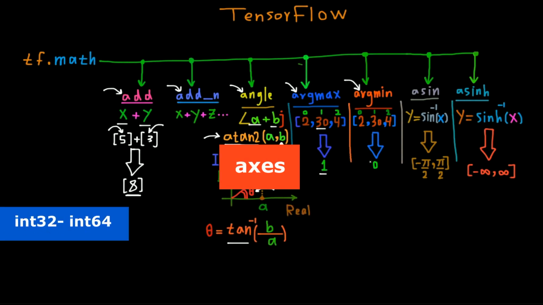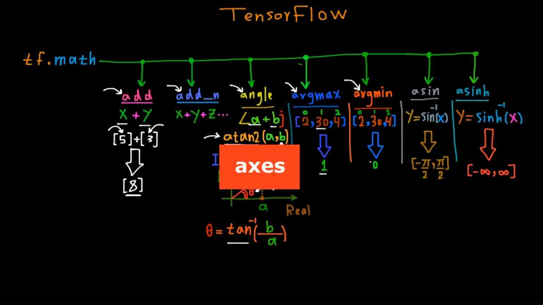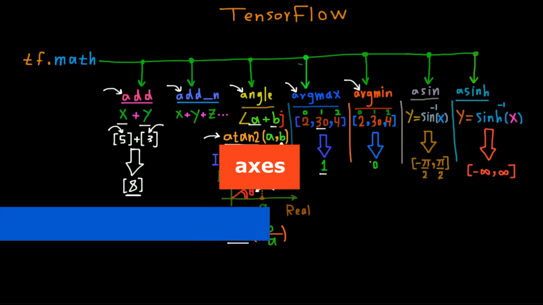The second argument, axis, is a tensor that must be one of the following types: int32, int64. It must be in the range [-rank(input), rank(input)). And by rank I mean the number of dimensions of a tensor.